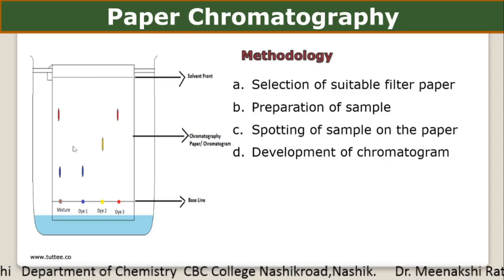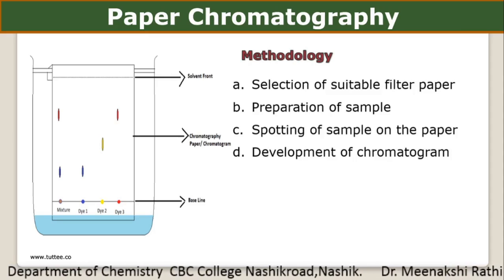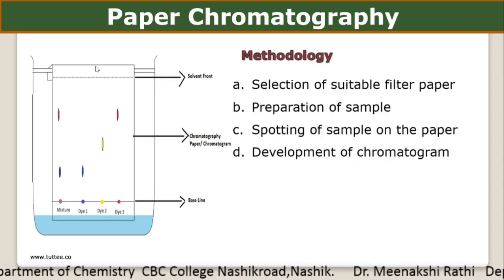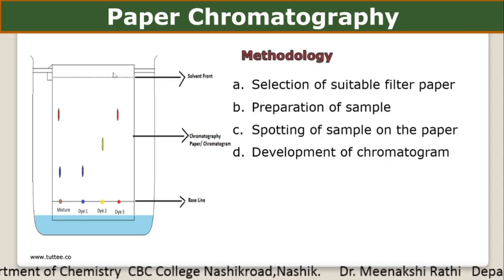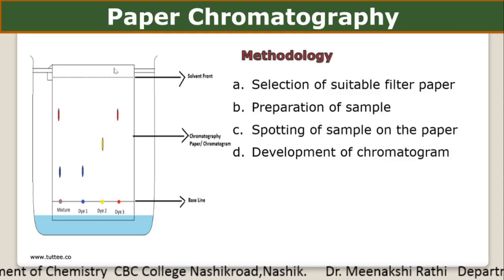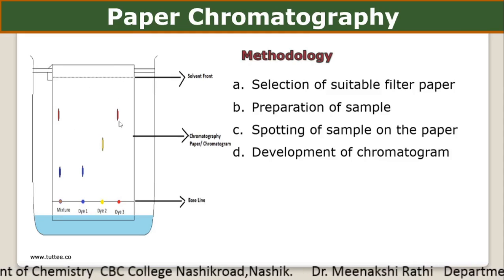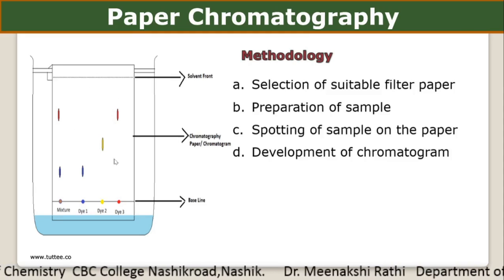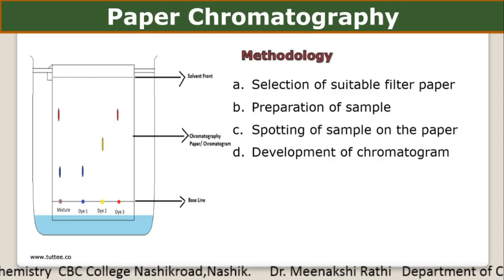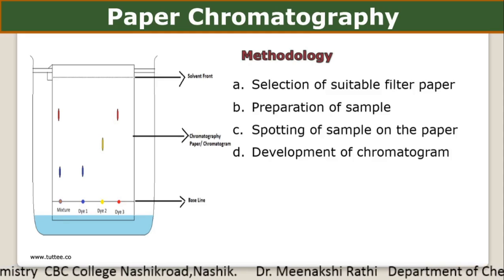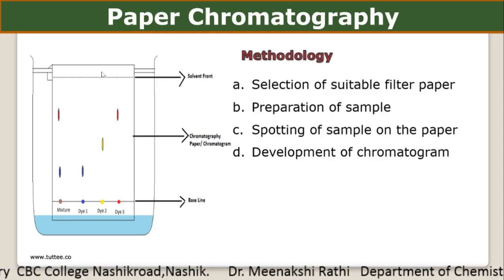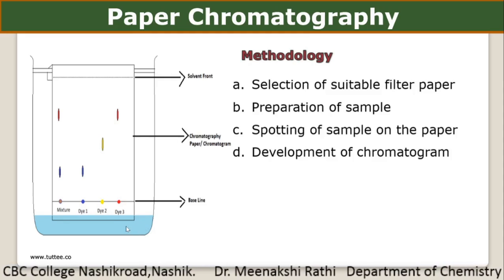Now the sample-spotted paper is kept for development, and for this the paper is attached to some rod. It is not like TLC. In TLC we keep the plate directly in the mobile solvent, but here the paper is kept on the upper side and it is dipped in the mobile phase.